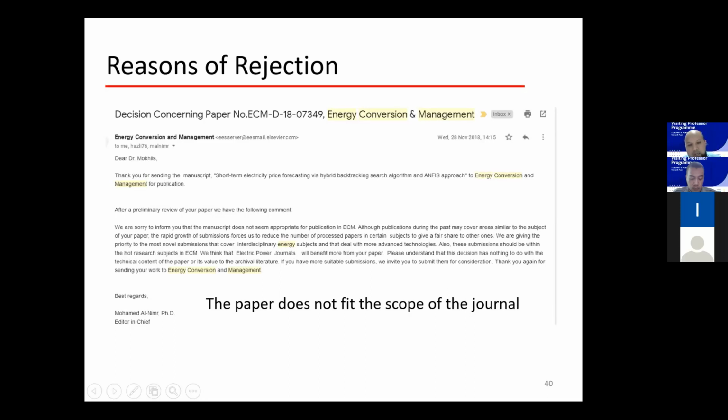So they did not accept because it does not fit. Sometimes there are also issues, because sometimes when you look at similar work, they accept, but your work they don't accept. So it's up to the editor-in-chief to decide. He has the full authority, full power to decide whether to accept for the review process or just reject.